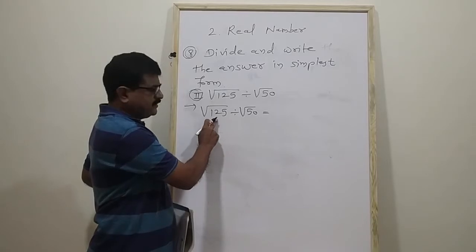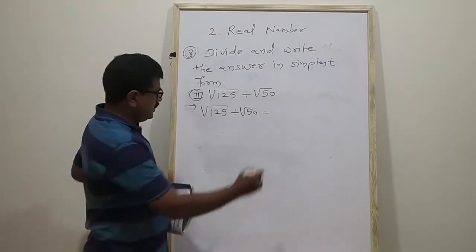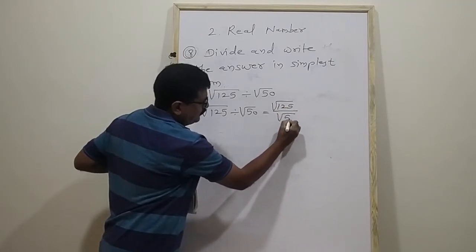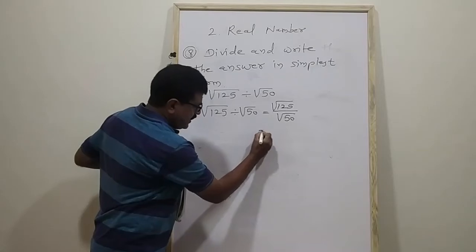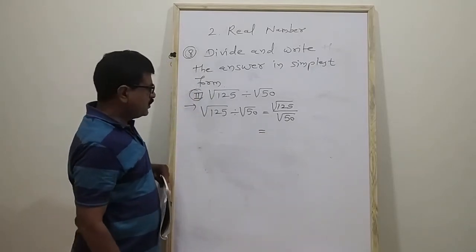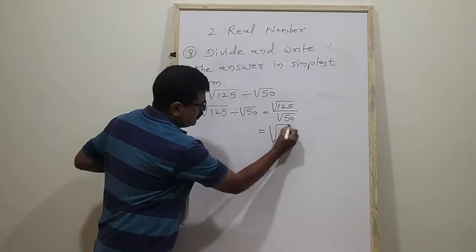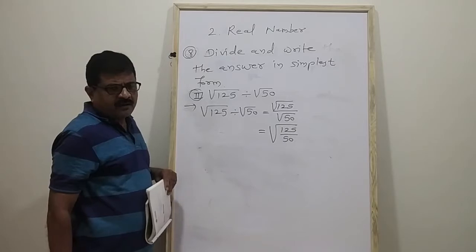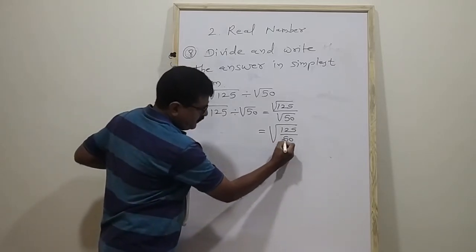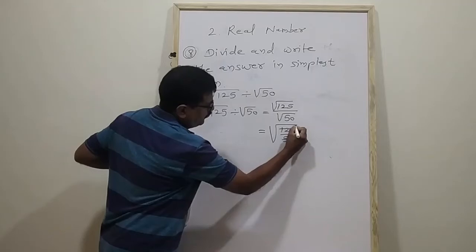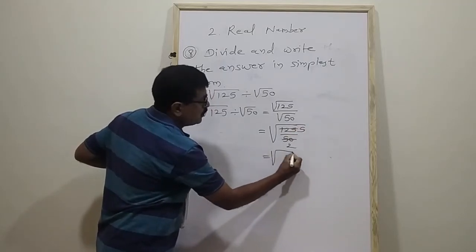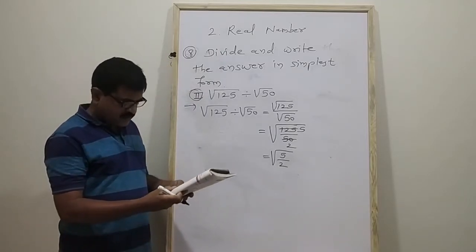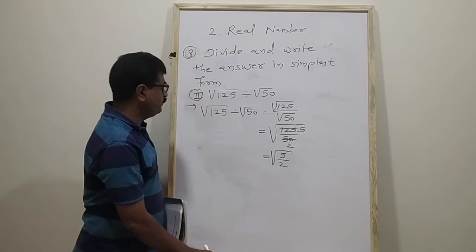Now we can write this in the form a upon b, that is square root of 125 divided by square root 50. Square root a upon square root b is written as square root a upon b, that is square root of 125 divided by 50. Here dividing by 25, we get square root of 5 upon 2. This is the answer. This is in simplest form.